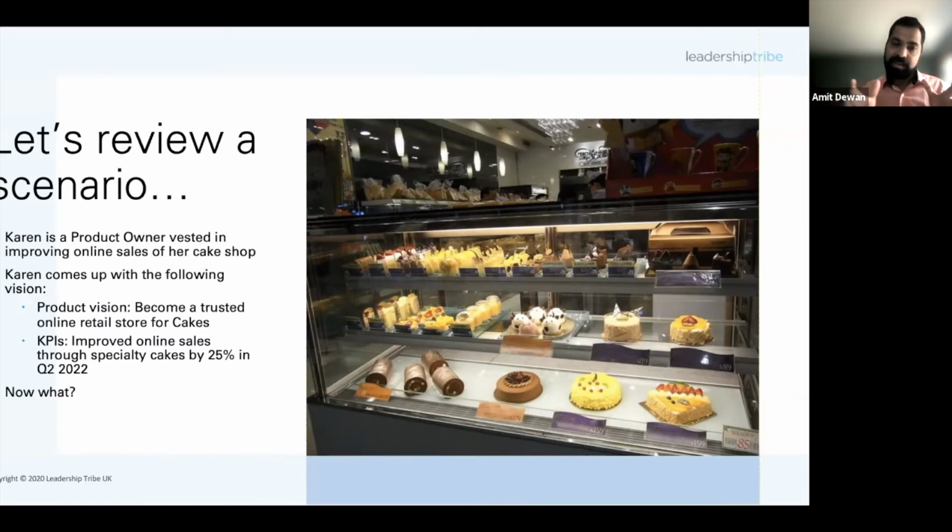But at least having that baseline, we understand that in the next increment we're going to stand up a web page with bare minimum information, maybe a menu, maybe an ability to pay online, or maybe just cash on delivery. We're going to build that to increase our sales from 0% to 5% by Q3 of 2021. From Q3 to Q4, we're looking to go to 12%, and so on and so forth.